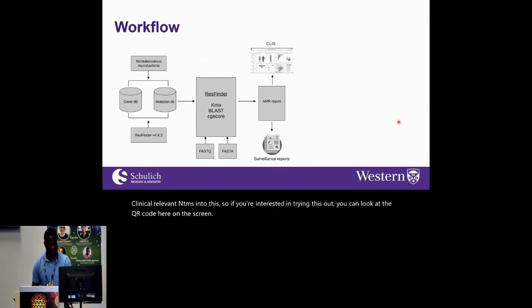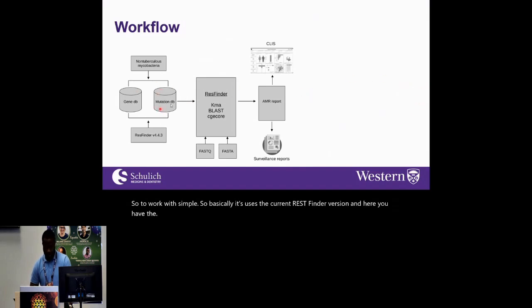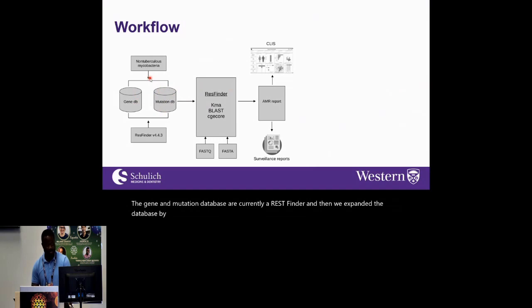So the workflow is simple. Basically it uses the current ResFinder version. And here you have the gene and mutation database that are currently on ResFinder, and then we expanded the database by including those for avium and abscessus that we found were validated genes and mutations.